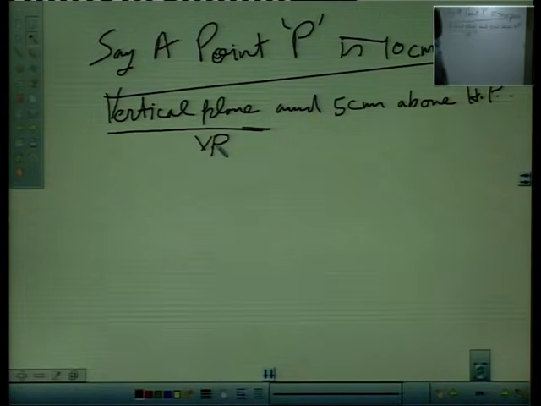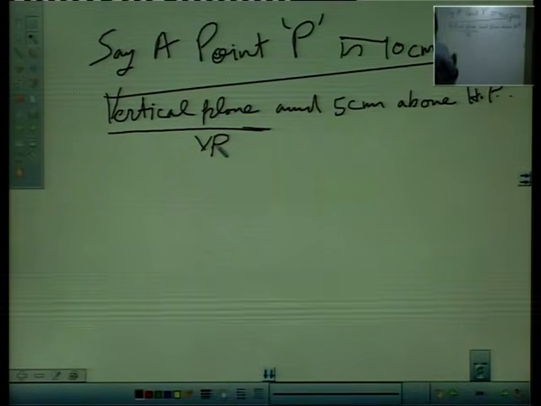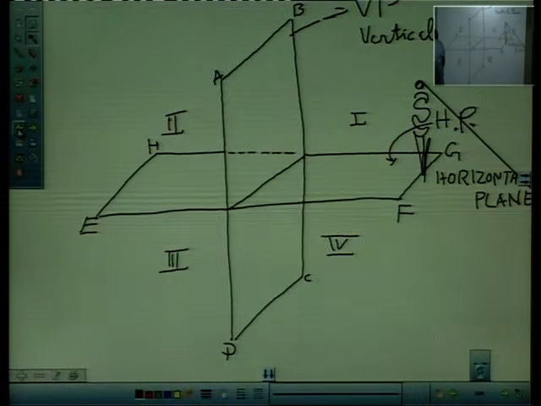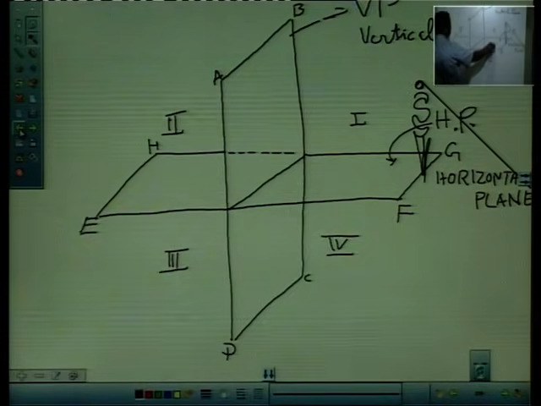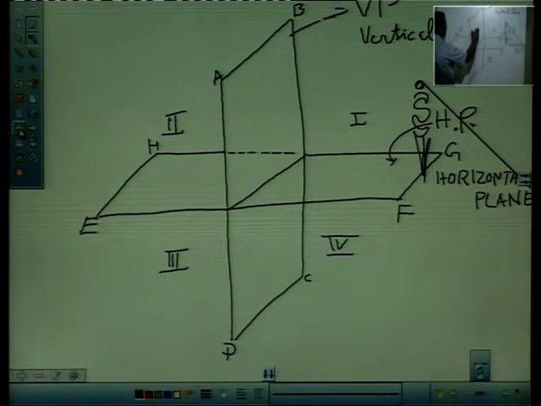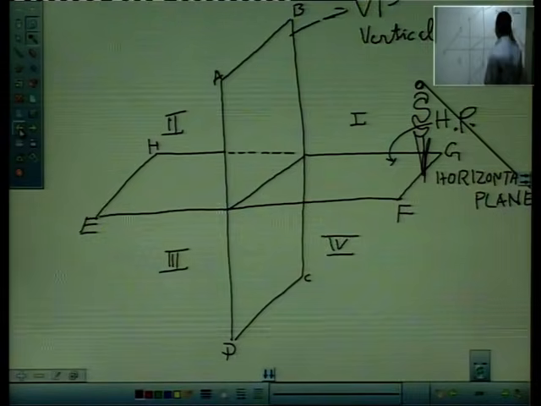So, first of all we will check in which quadrant the point lies. To check that, we will go back to the first page. Say this is horizontal plane, this is vertical plane, and I am standing here.